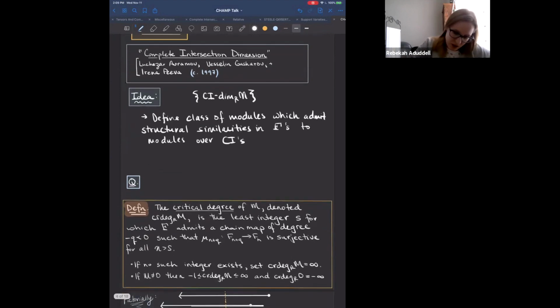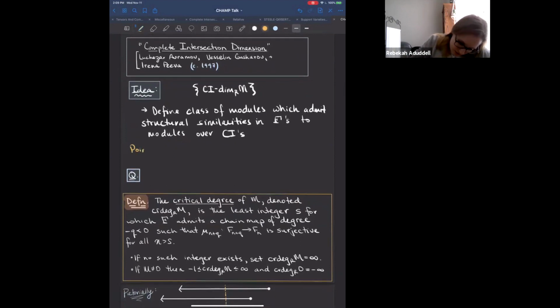So they said, when we look at a module of finite CI dimension, and I'm not defining what CI dimension is, but it's almost an extension of the class of modules over CIs, then patterns at infinity do arise in the Betti sequence.